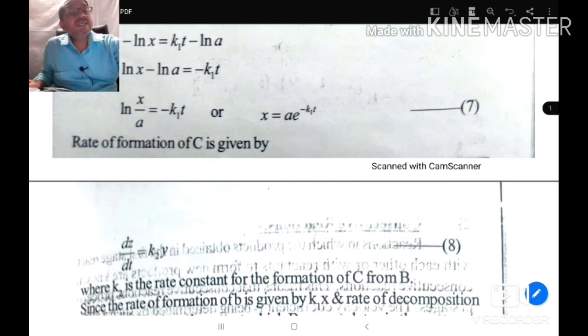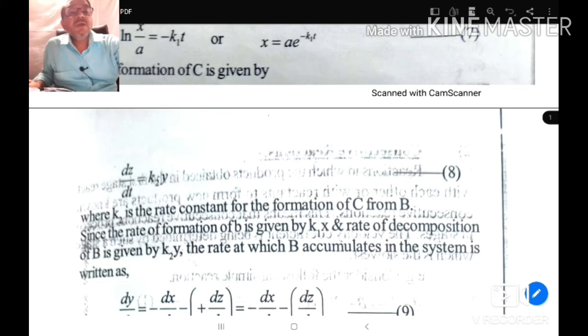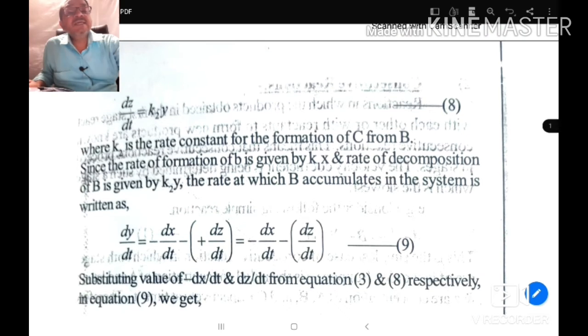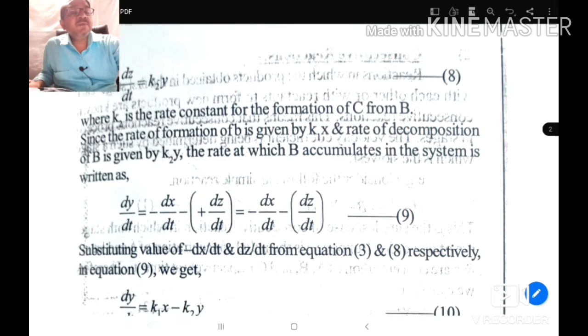Label the previous equation as equation number 7, where k2 is the rate constant for the formation of C from B. Since the rate of formation of B is given by k1x and the rate of decomposition of B is given by k2 into y, the rate at which B accumulates in the system is written as dy by dt is equal to minus dx by dt minus dz by dt. Label this as equation number 9.